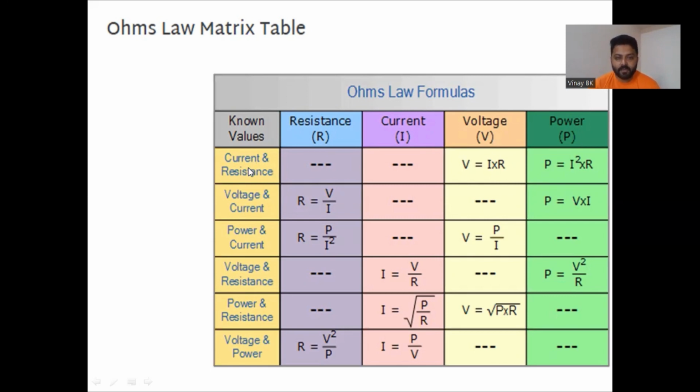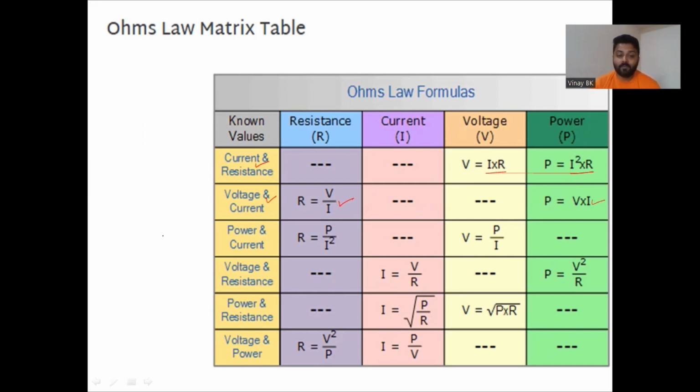Suppose you know the value of current and resistance, you can calculate voltage equals I into R, and for power you can use I square into R, because you only know current and resistance. You cannot use V into I or V square divided by R, because we don't know the value of V. Similarly, if you know the value of voltage and current, you can find resistance and you can find power, that is V into I.